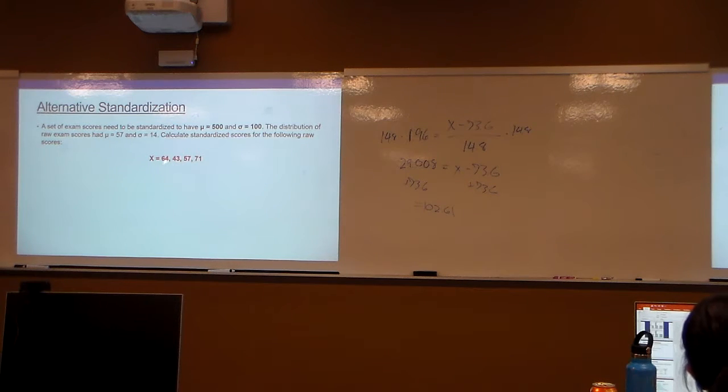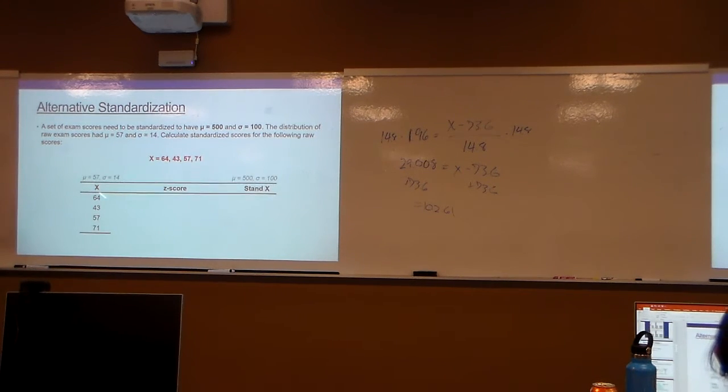So we've got values of 64, 43, 57, 71. We can just set this up. Again, the mean of our distribution is 57, standard deviation 14. 64 is half a standard deviation above the mean, so that's now a z of 0.5. Then we take our new standardized scale, which has a mean of 500 and a standard deviation of 100.